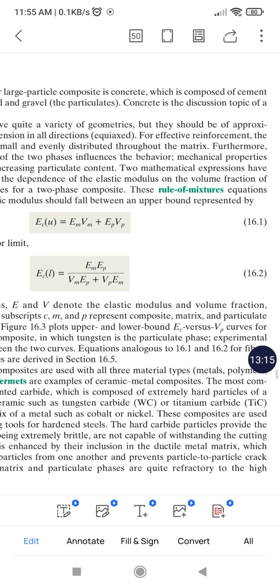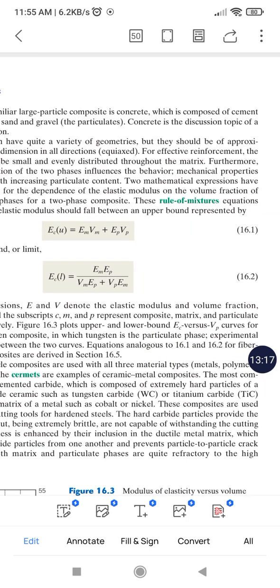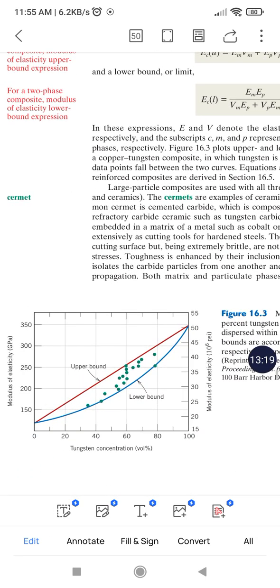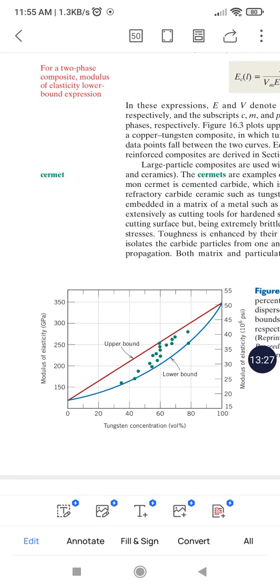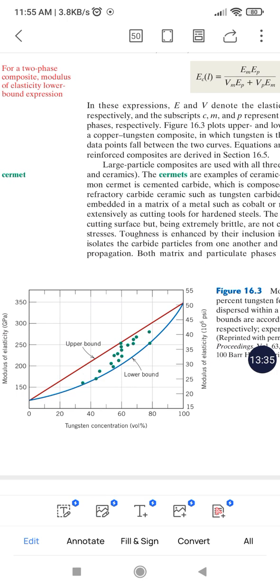These two equations you should remember because we can plot the graph of Ec upper bound and lower bound like this for a tungsten composite. You can see here the upper bound and lower bound curves are drawn, and the real experimental value should be inside these two curves.